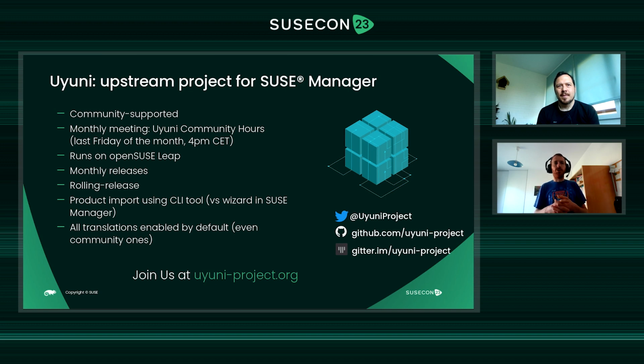And Uyuni also has more translations than SUSE Manager. You can find all the details on GitHub, Gitter, or Twitter to follow Uyuni or join us. If you have questions or want to know more, just join in.